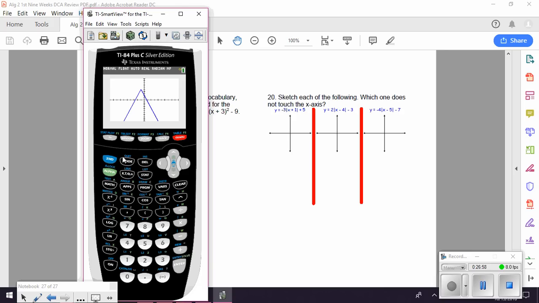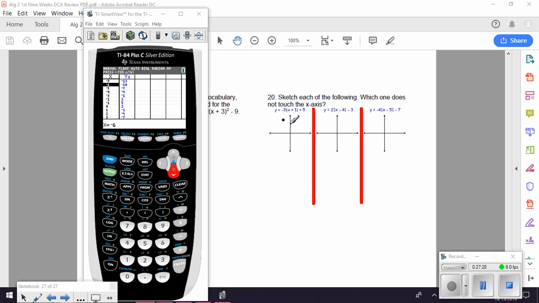So there's the first graph. To sketch it, let's get some points from the table. So we need that high point, the vertex point. The vertex was -1, 5. So it was over here at -1, 5.